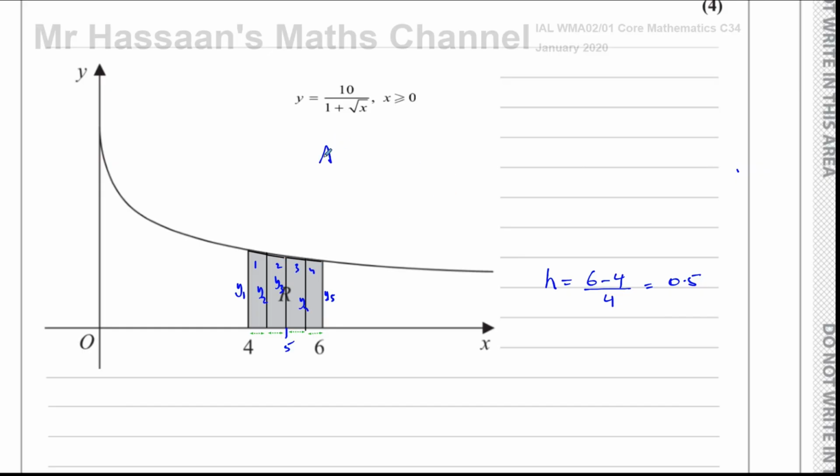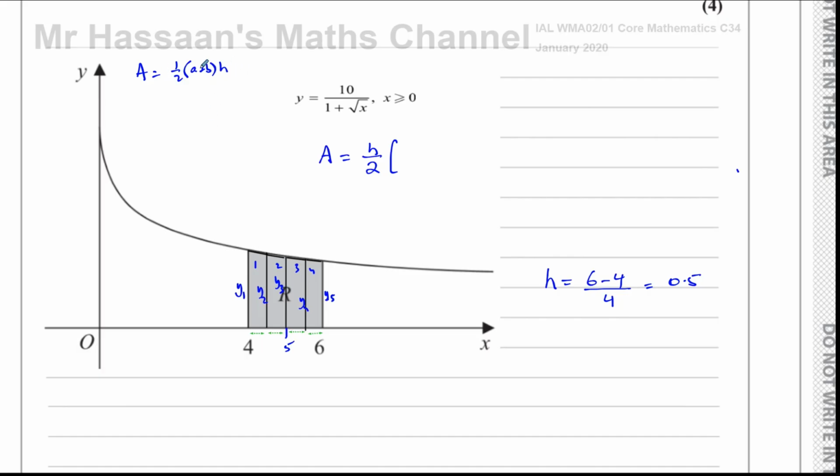So if we are thinking about finding the area of this whole shape, we could find the area of each of these individual trapeziums. For the first trapezium, you'd have the distance between the parallel sides, which is h, and we know that the area of a trapezium is given by a half times the sum of the parallel sides times the height.